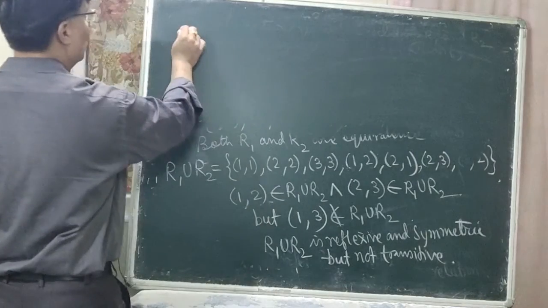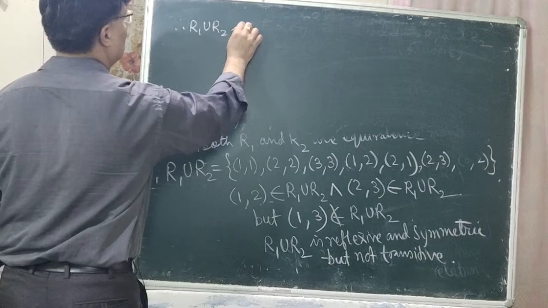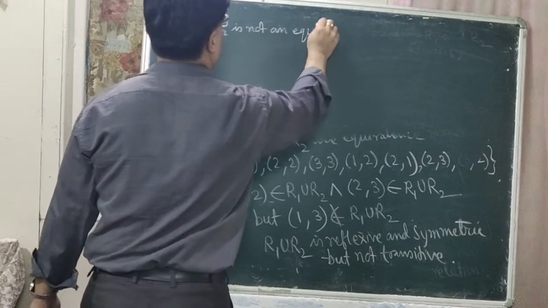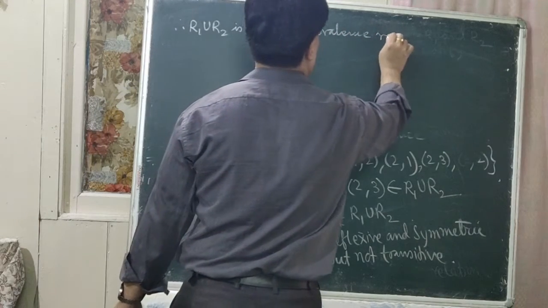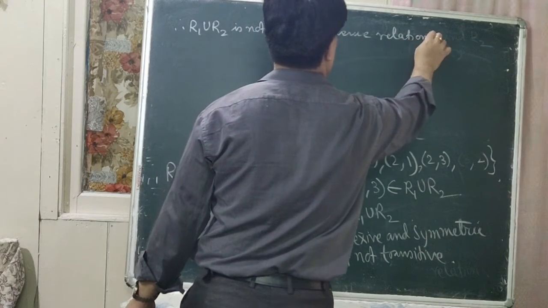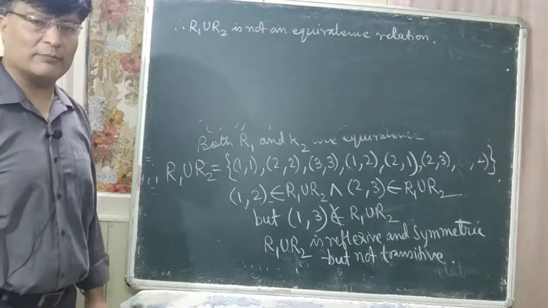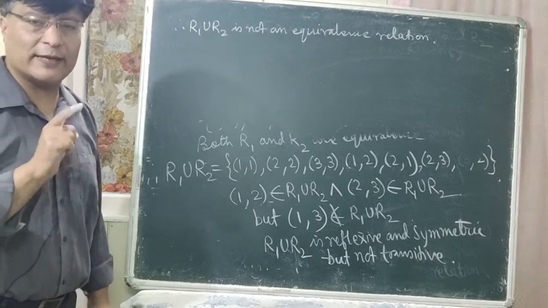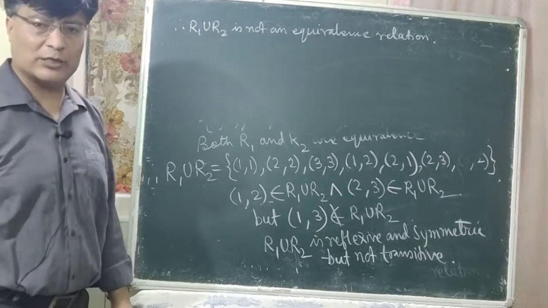So therefore R1 union R2 is not an equivalence relation. We have proved that R1 union R2 is not an equivalence relation because it is reflexive and symmetric but not transitive.